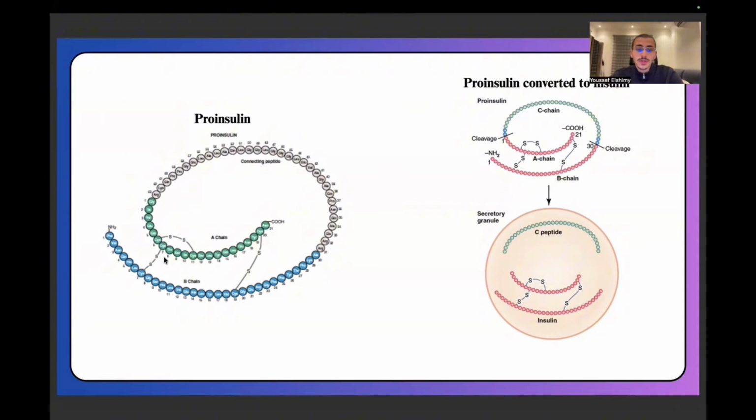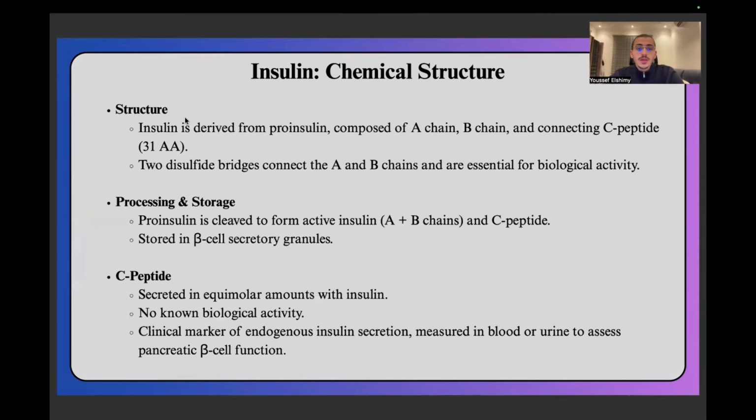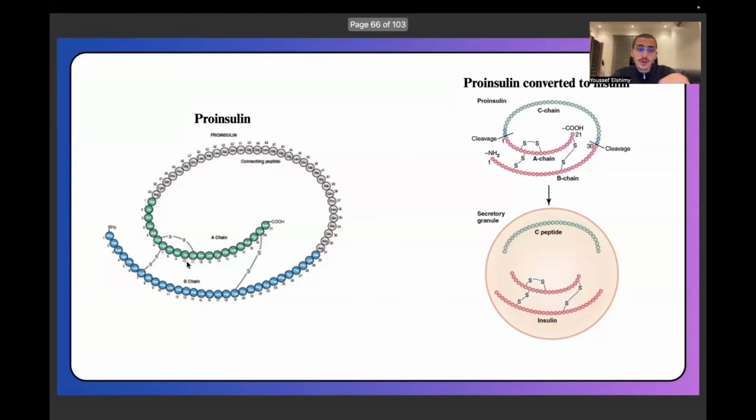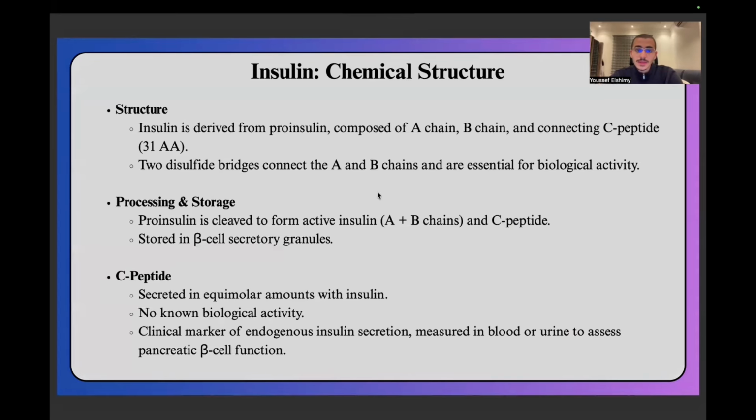Not only this, but there are also two disulfide bridges between the A chain and B chain, as well as a disulfide bond inside the A chain connecting two amino acids. So insulin is derived from proinsulin, and the proinsulin is composed of A chain, B chain, and the C peptide. Insulin is made up of 51 amino acids, and you can see the two disulfide bridges that connect the A chain to the B chain. And these are important for its biological activity.